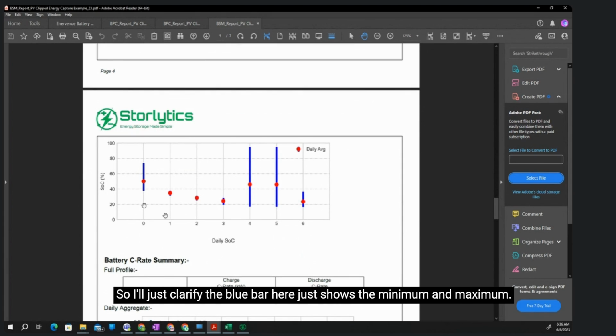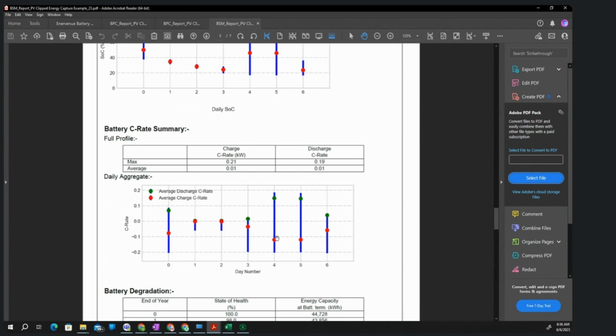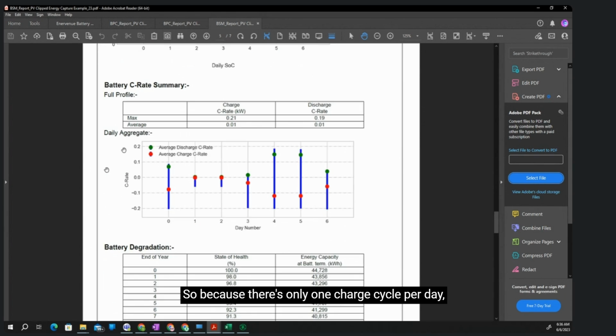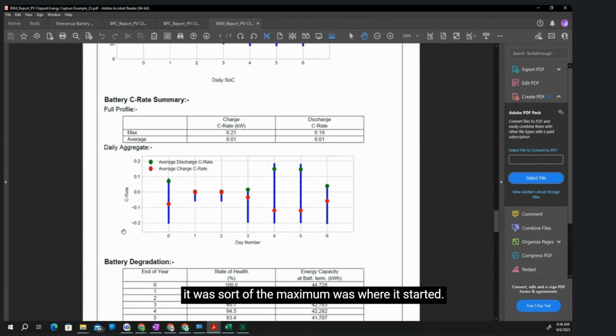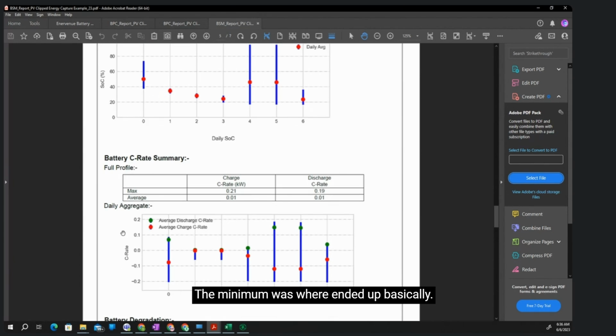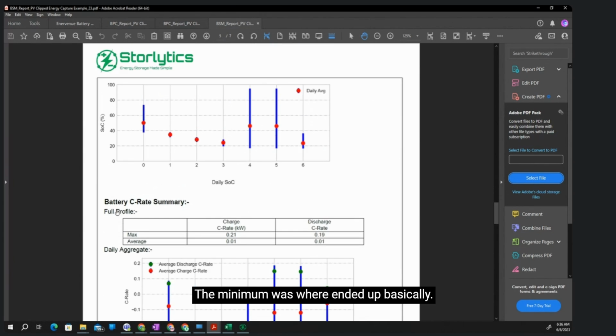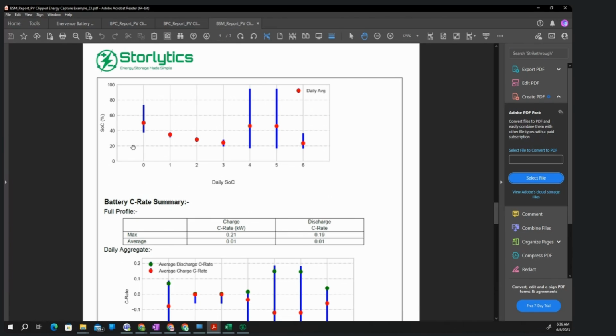I'll just clarify the blue bar here just shows the minimum and maximum, and the red dots are the average during that day. Because there's only one charge cycle per day, the maximum was where it started, and the minimum was where it ended up, basically. Not necessarily.